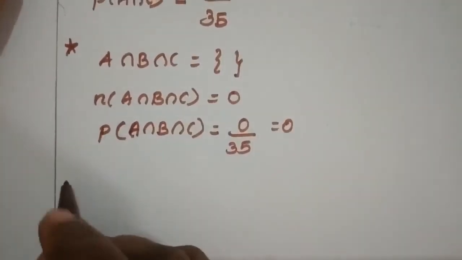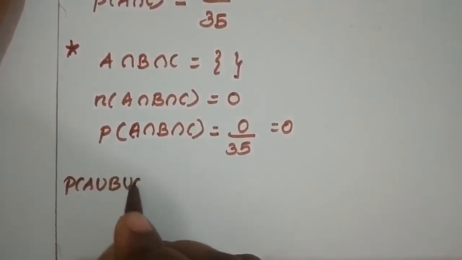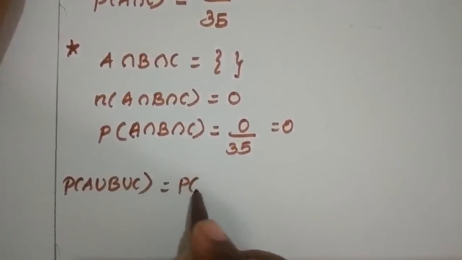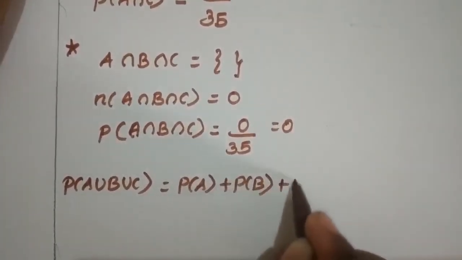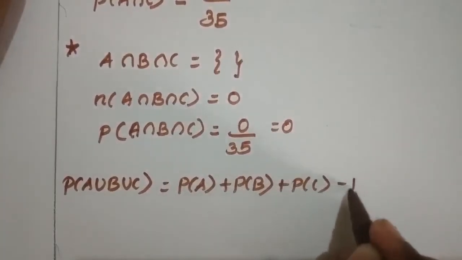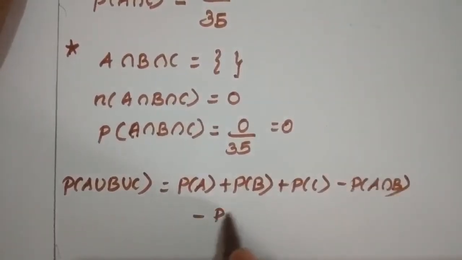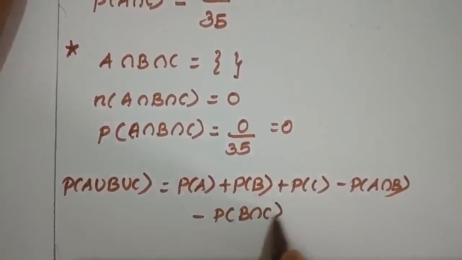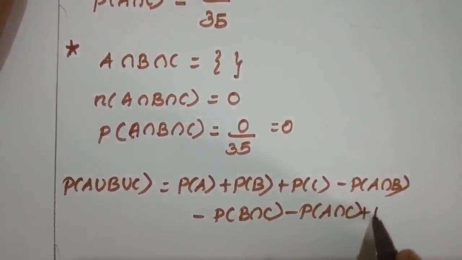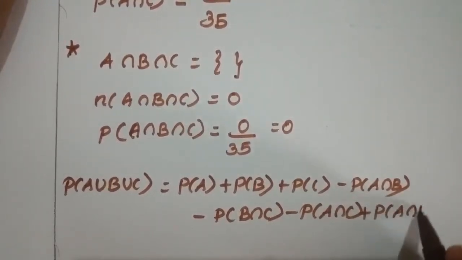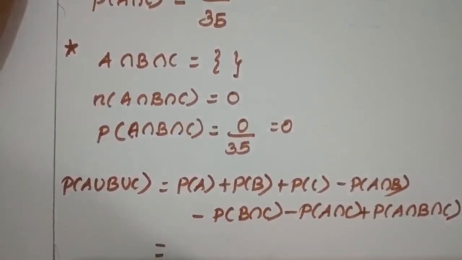So what's the formula to find P of A union B union C? It is equal to P of A plus P of B plus P of C minus P of A intersection B minus P of B intersection C minus P of A intersection C plus P of A intersection B intersection C. Now we have to substitute the values here.